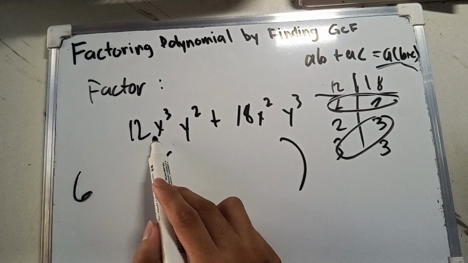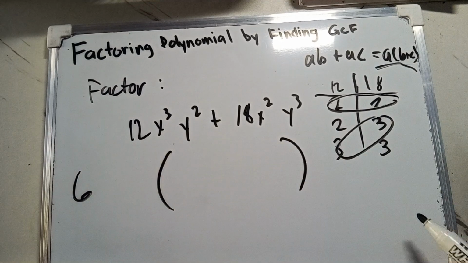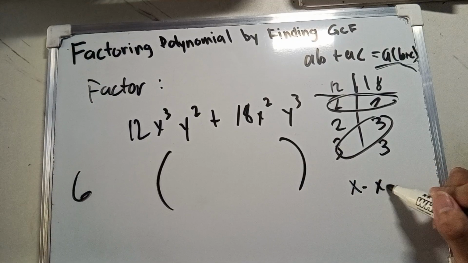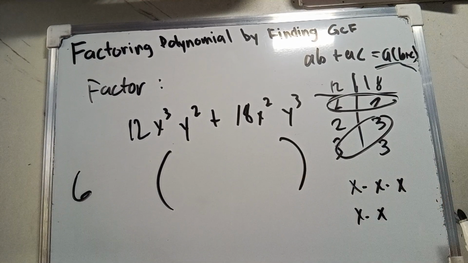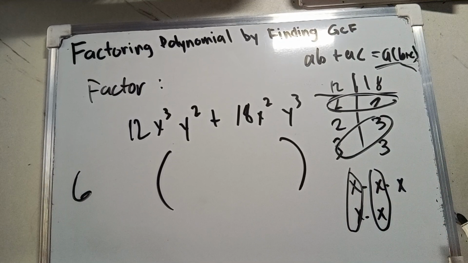Now for the variable x, we have x cubed and x squared. x cubed is x times x times x, and x squared is x times x. Their common factor is x squared.